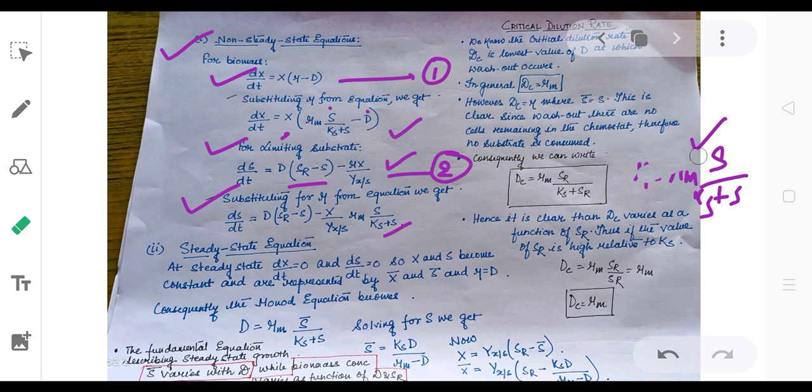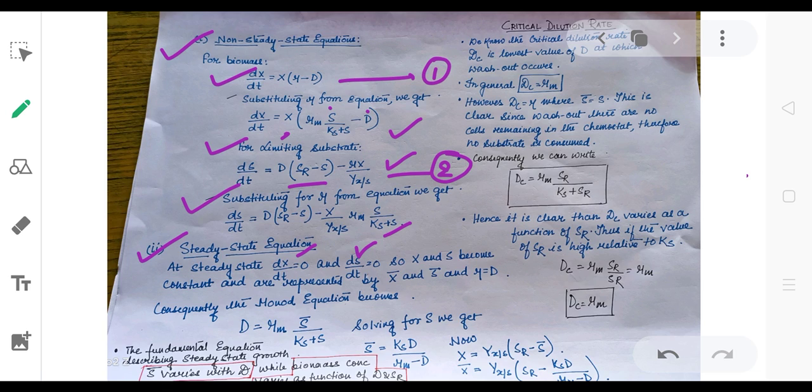Now we will move on to the steady state kinetics. If you see the steady state equation, the most important part is that for biomass the rate of change of cell concentration is 0, that is dx by dt is 0, and for substrate the rate of change of substrate concentration is 0, so ds by dt is equal to 0.